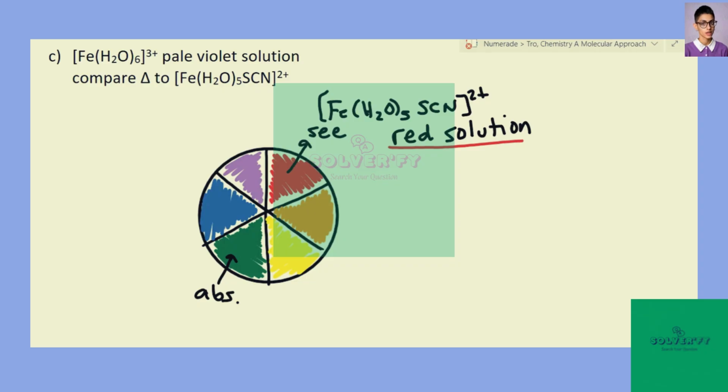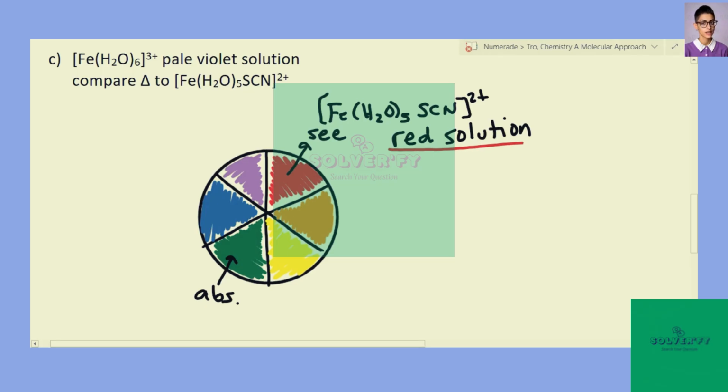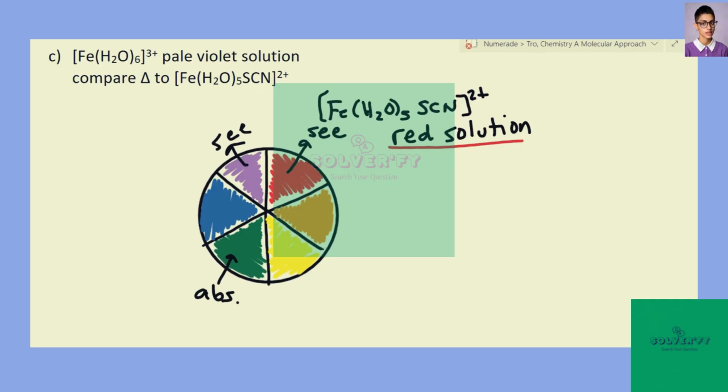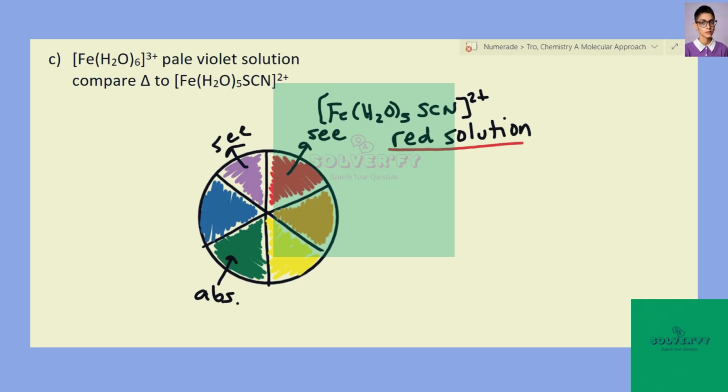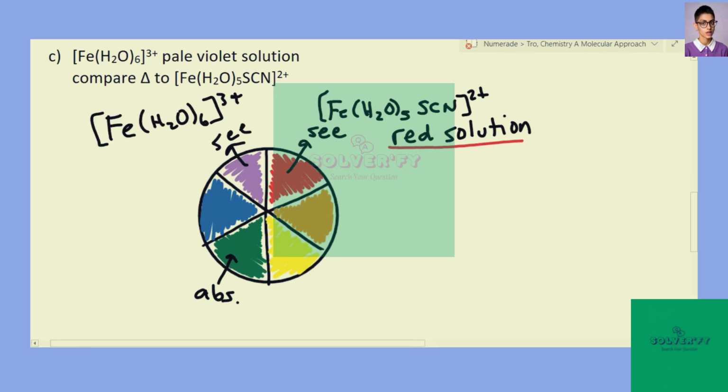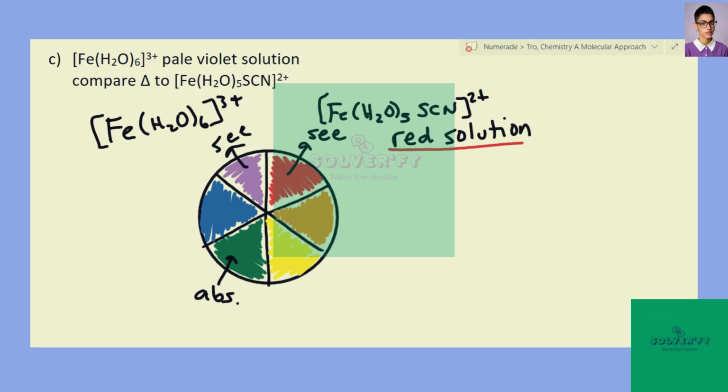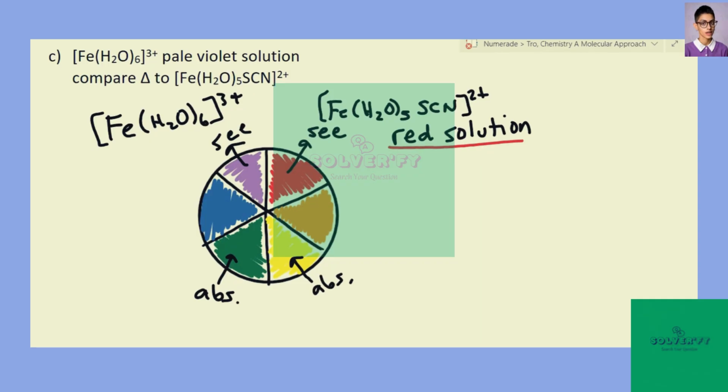We saw that in the absorption spectrum. And now we're being told that the hexaaqua complex has this pale violet solution. If this complex is pale violet, then that means that the light absorbed by this complex is yellow. So these two go together.